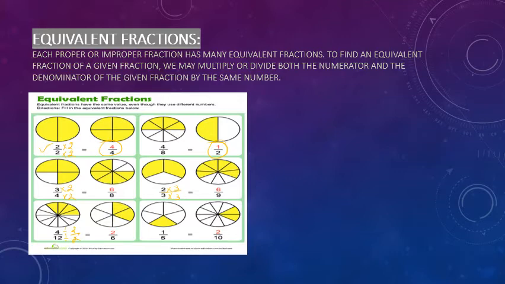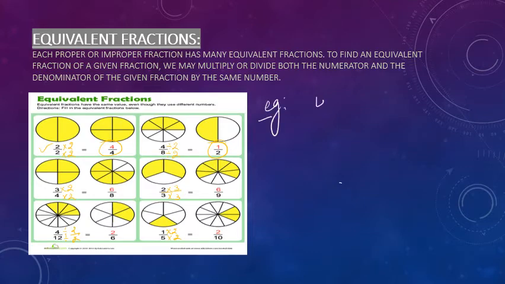Similarly, 1 by 5 has become 2 by 10. So in these cases, basically we are multiplying and dividing by the same number to get an equivalent fraction. We can have more examples.